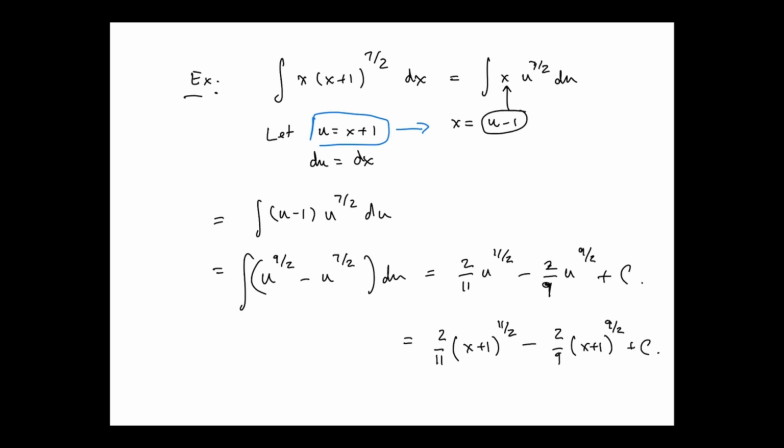The key here was that observation: when you make a u-substitution, you're defining u to be some sort of function of x. Depending on what kind of function it is, it might be solvable the other way. It might be an invertible function.